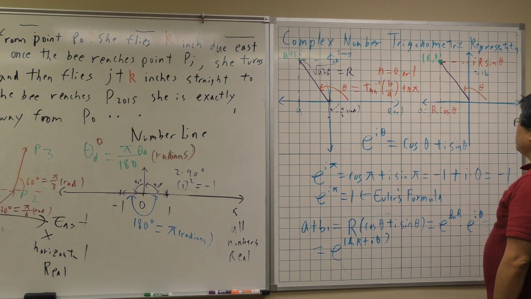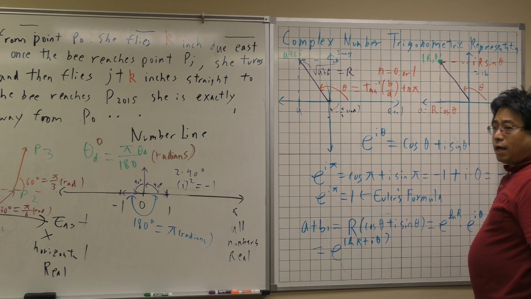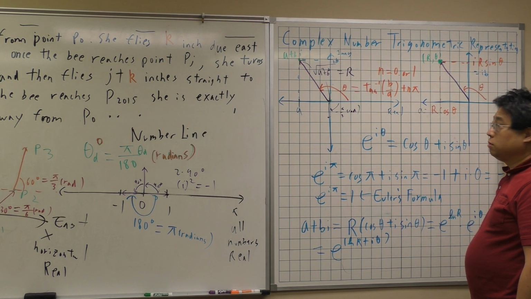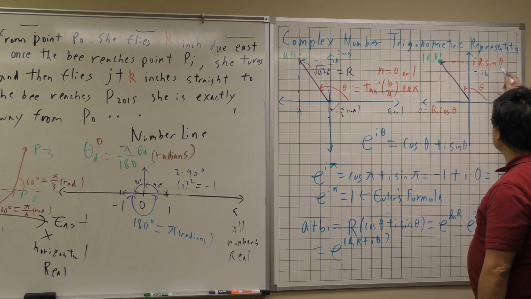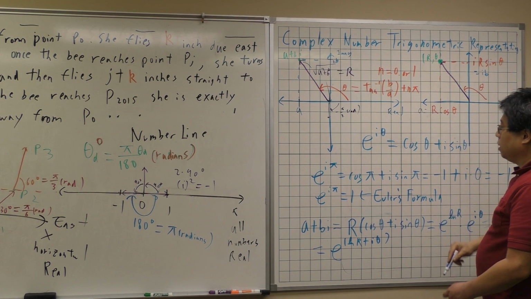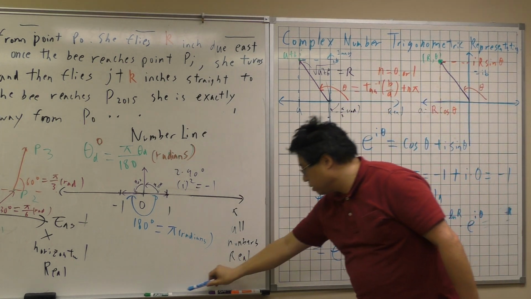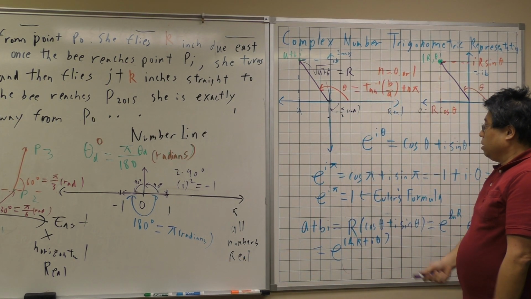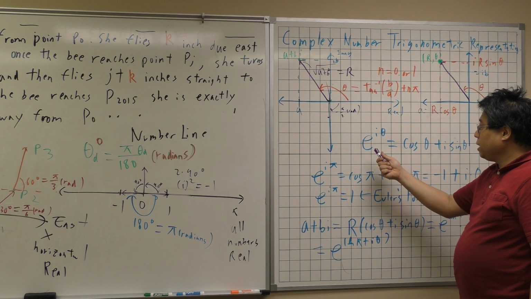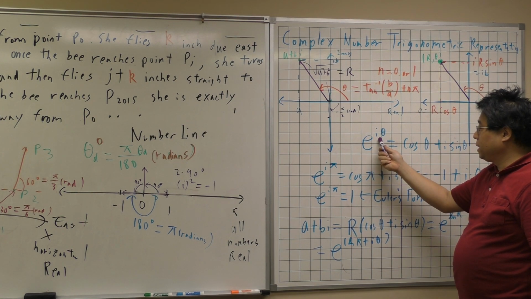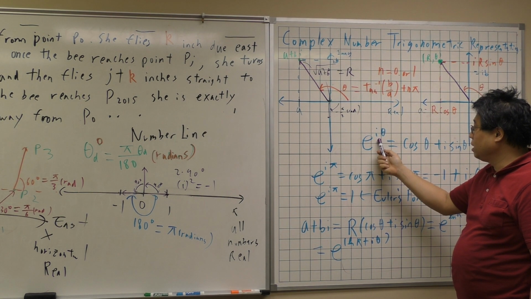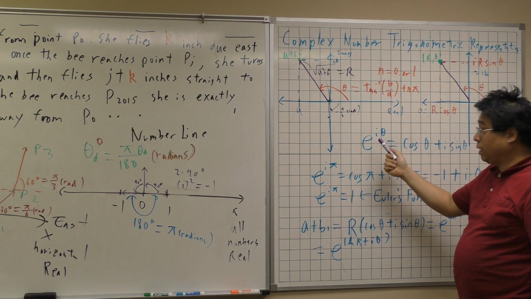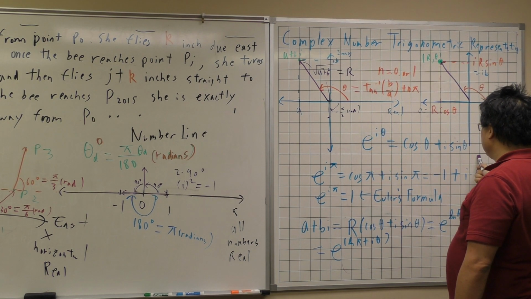Now, is there a nice little angle operation that you can do to show all this cosine and sine? There actually is. If you take an exponent of a complex number, a purely imaginary number, you actually get this identity.